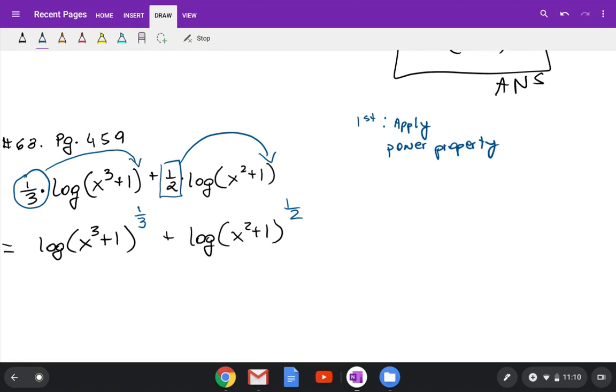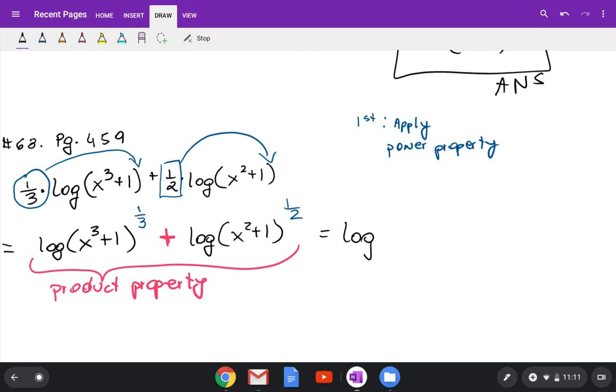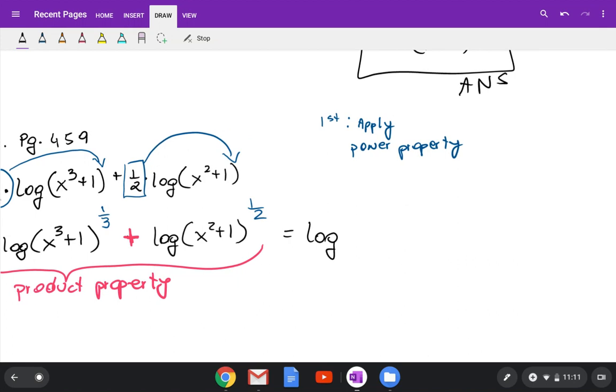Why are we doing that? Because now there's nothing in front of the log, and you see that sum. So you're ready to use the product property. The sum of logs is equal to the logarithm of a product. So we're going to rewrite that as a single common log, and we're going to multiply those expressions together.